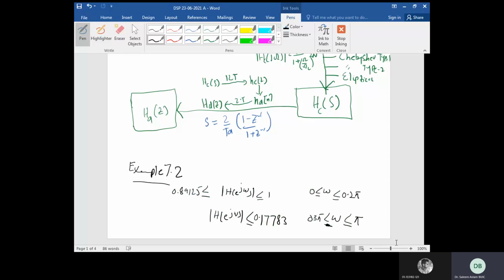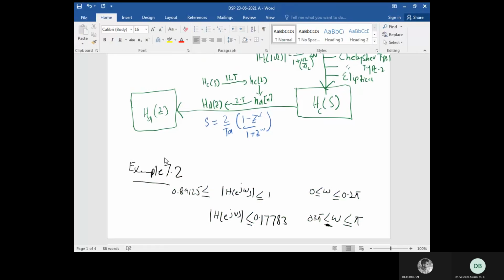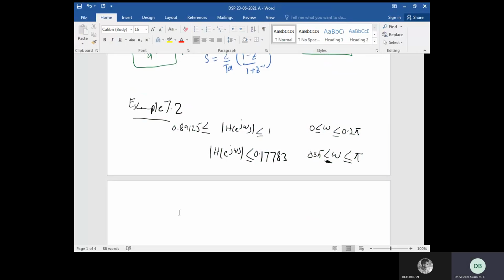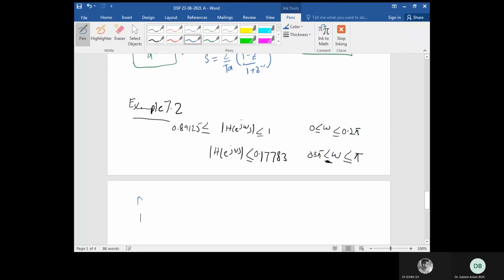So allow me to move to the next page. Let me write here: design a low pass IIR filter using Butterworth and impulse invariance techniques.